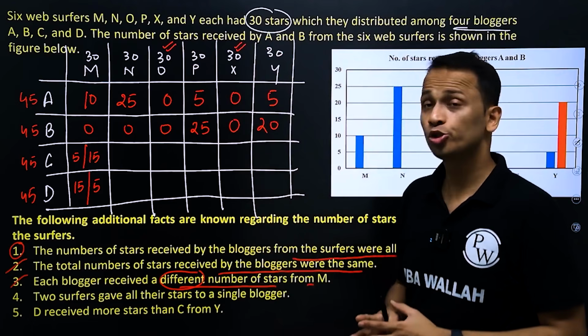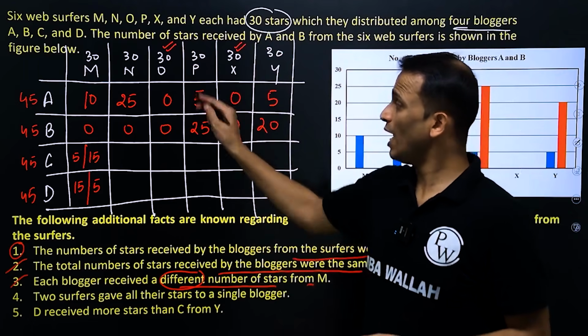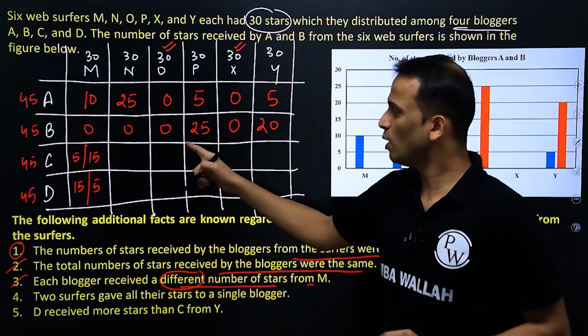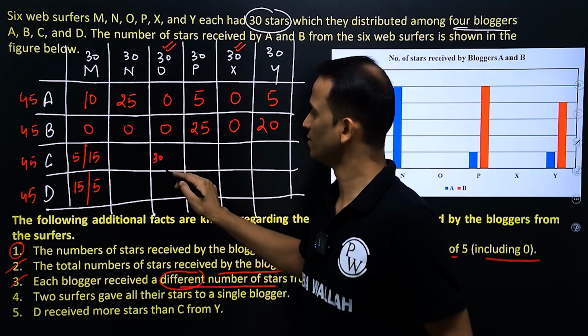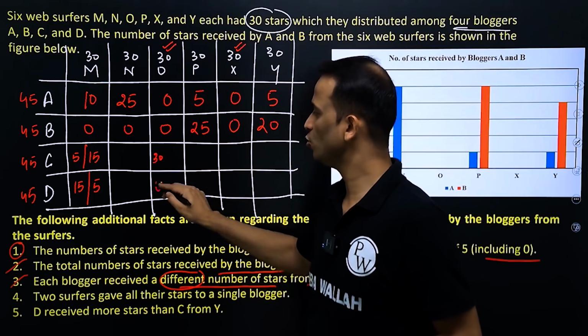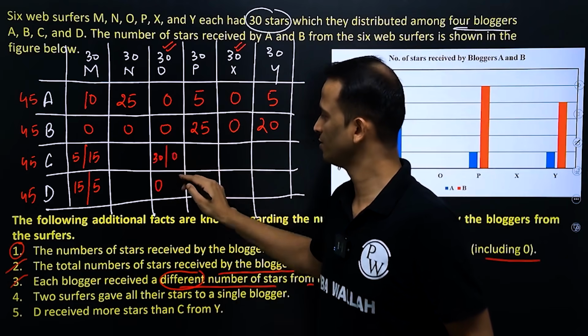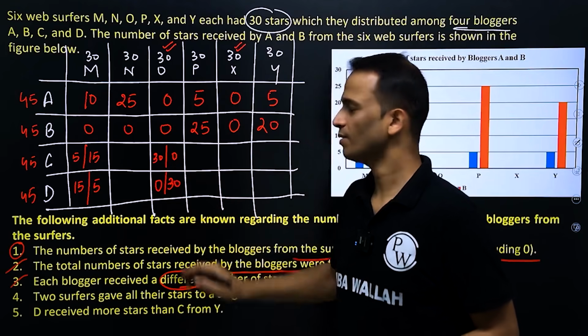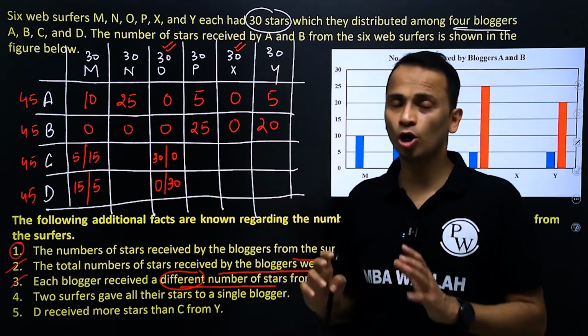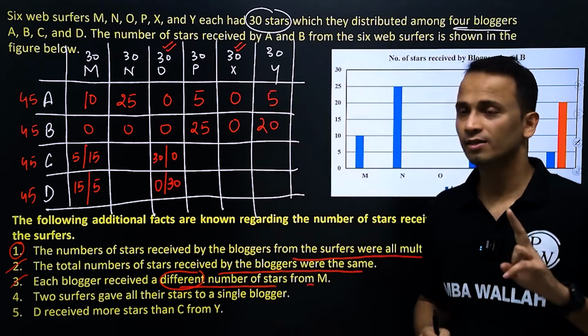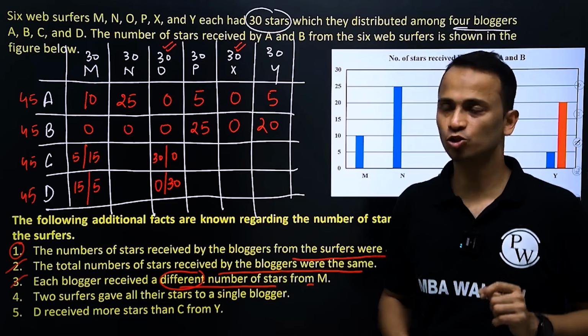All right. So O has given all the 30 stars to either C or D. So if he will give 30 to C, he will give 0 to D, or vice versa. And the same thing is done by X, distributing all 30 stars to any one of these 2.